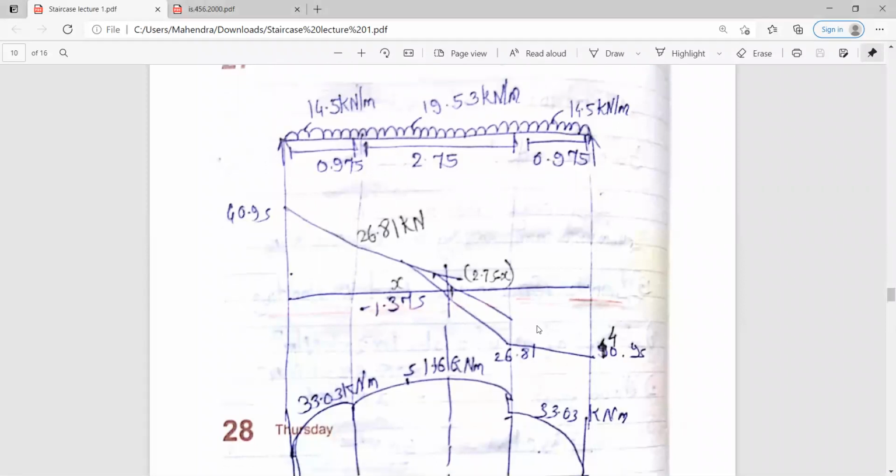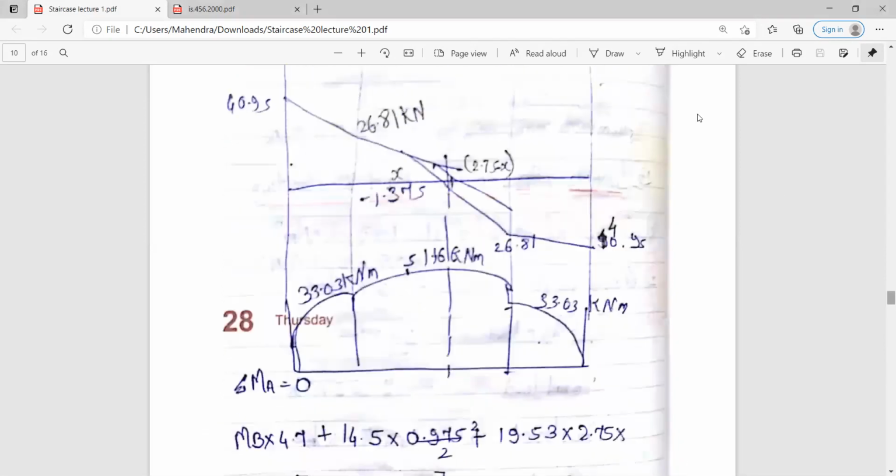Now you need to calculate the distance x. To calculate the maximum bending moment, you need to calculate x. So calculate x, consider properties of similar triangle and calculate the value of x. The value of x is coming out to be 2.35. Consider properties of similar triangle and calculate the distance x. The value of x is 2.35.